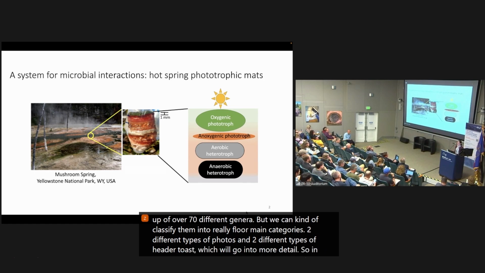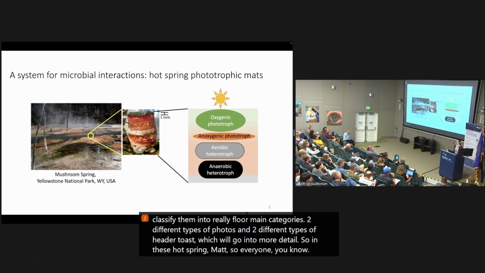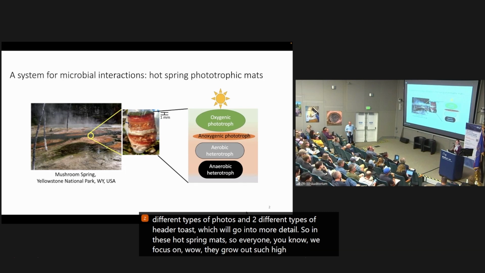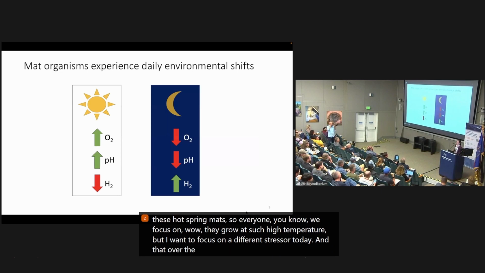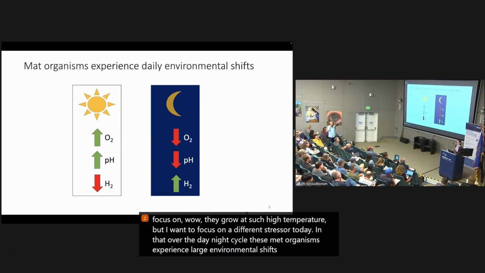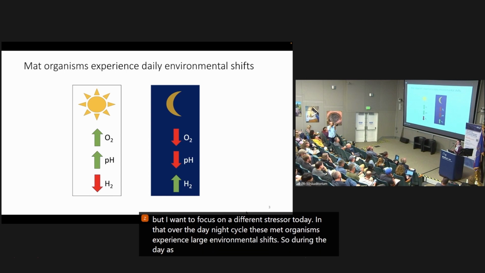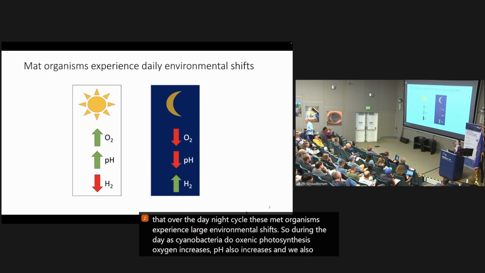In these hot spring mats, everyone focuses on how they grow at such high temperature, but I want to focus on a different stressor today. Over the day-night cycle, these mat organisms experience large environmental shifts. During the day, as cyanobacteria do oxygenic photosynthesis, oxygen increases, pH also increases, and we find very minimal hydrogen.